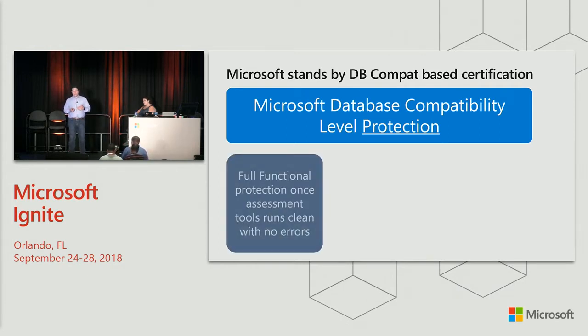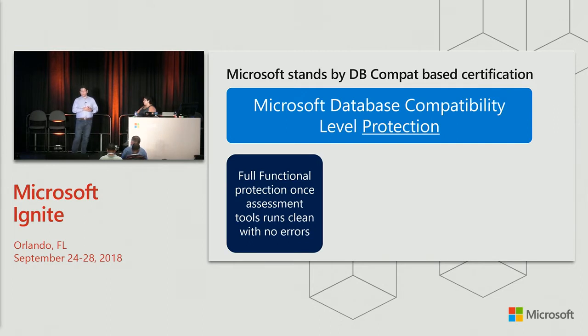So there's a few details to this protection that we provide, which is, first of all, we have assessment tools that can run through your code and through your workload to provide you insight on whether you have deprecated code or discontinued code. That's one.